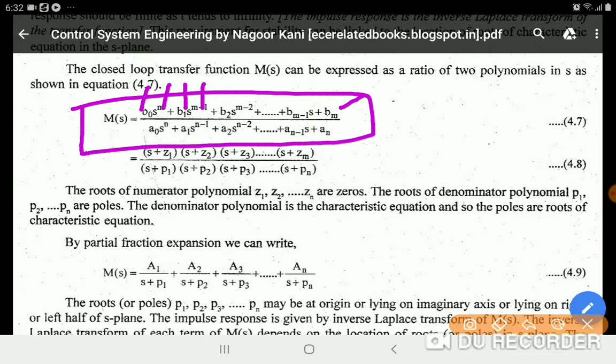Then the denominator polynomial is called the characteristic equation, where a naught s power n plus a1 s power n minus 1 plus a2 s power n minus 2, and it goes on.